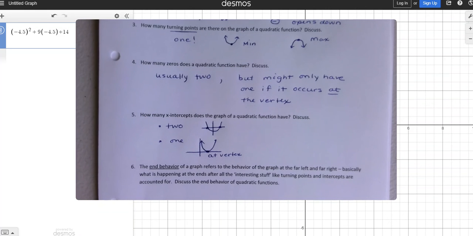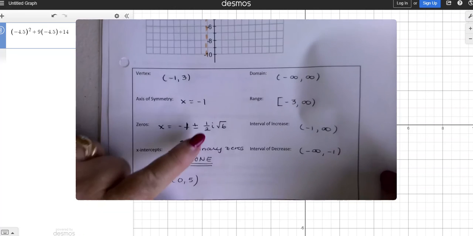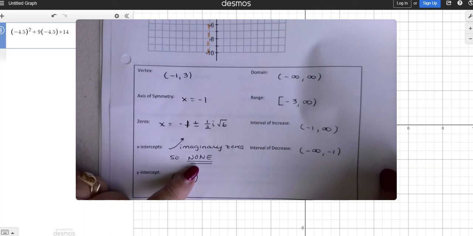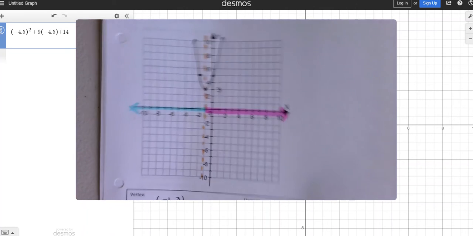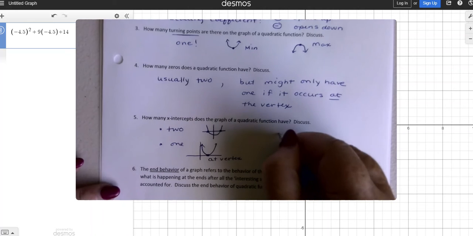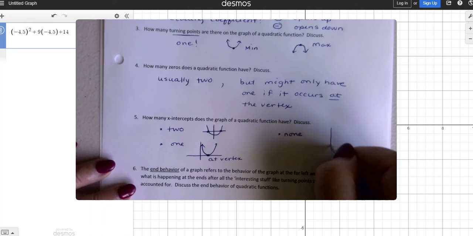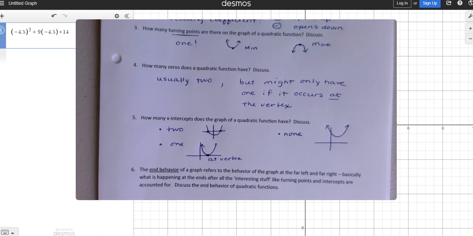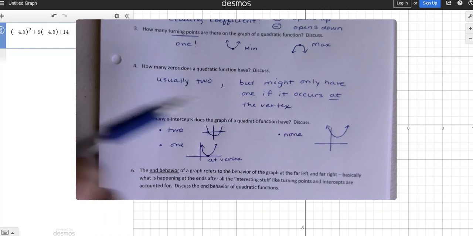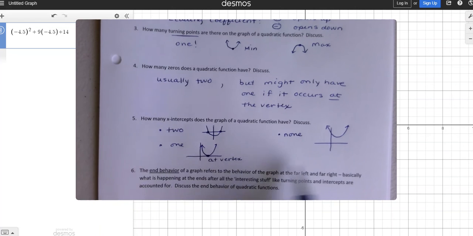But you remember there was one other possibility? When our zeros were imaginary numbers, we actually had no x-intercepts, right? Never crossed the x-axis at all. So it's possible to have none. We could have something like this, where the graph never crosses the x-axis. So, how many zeros? Could be 2, could be just 1, but we might even have no x-intercepts if those zeros turned out to be imaginary.